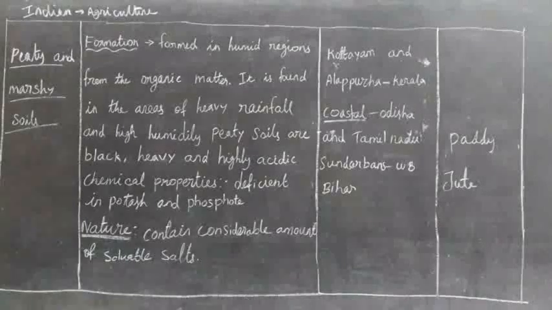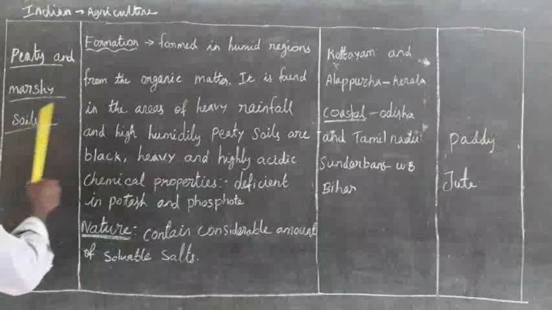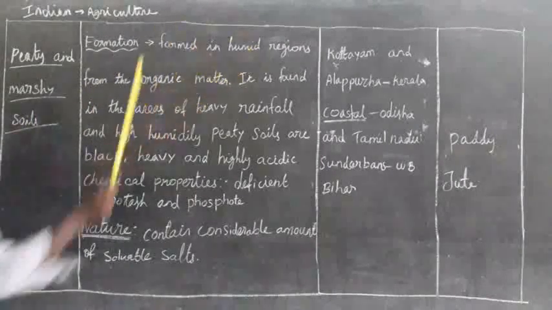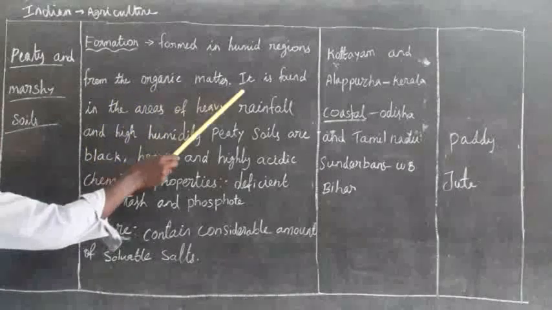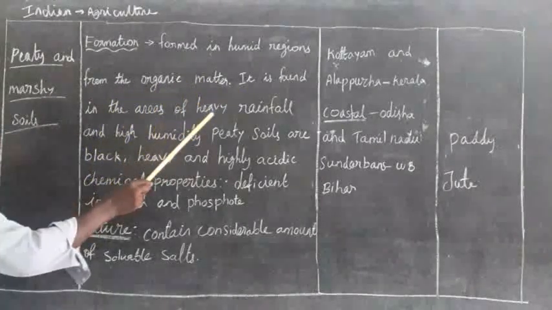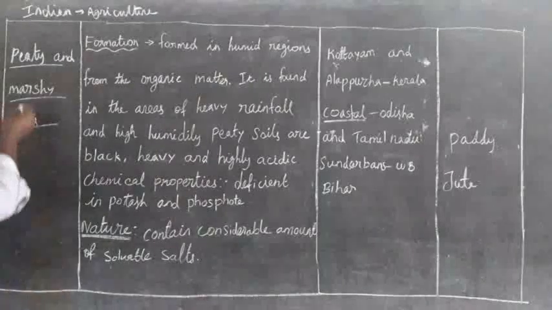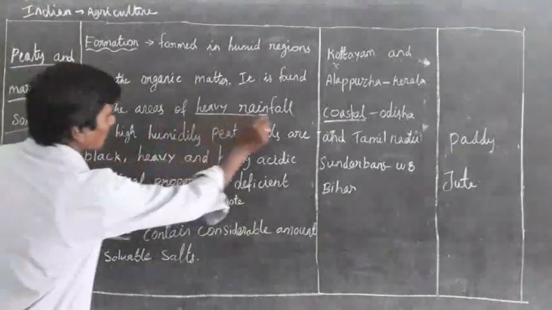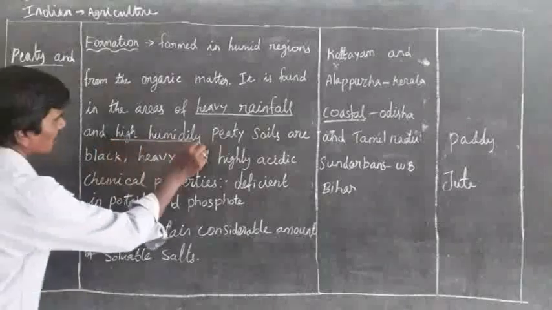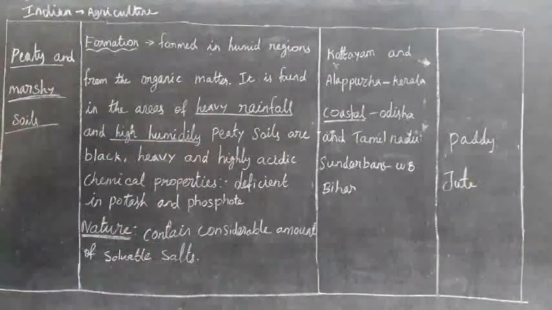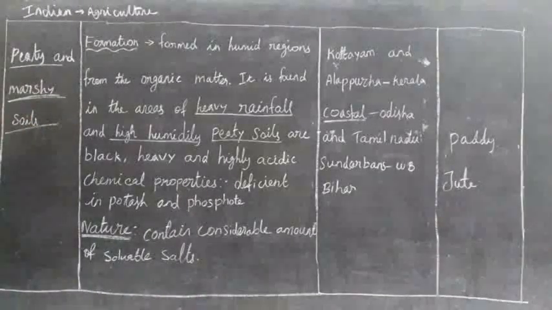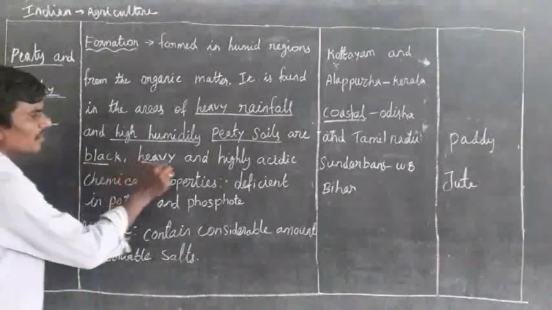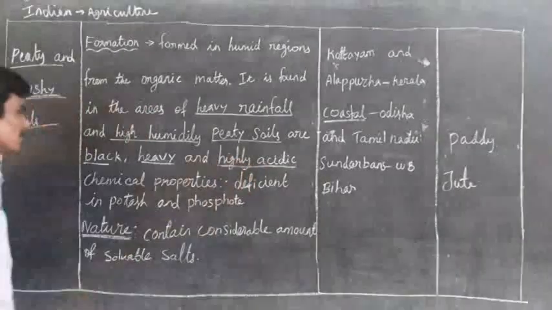Next one is the chemical properties. The peaty and marshy soils are formed in humid regions from organic matter, in areas of heavy rainfall and high humidity. Peaty soils are black, heavy and highly acidic.